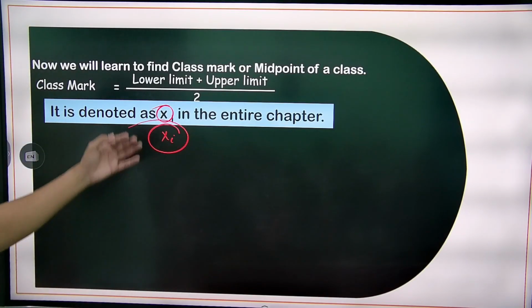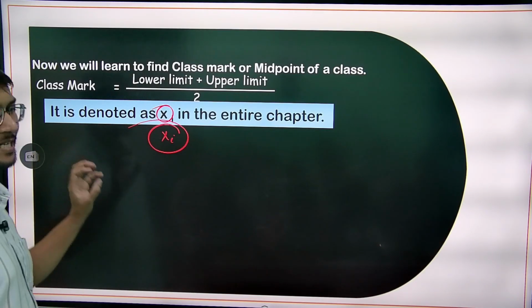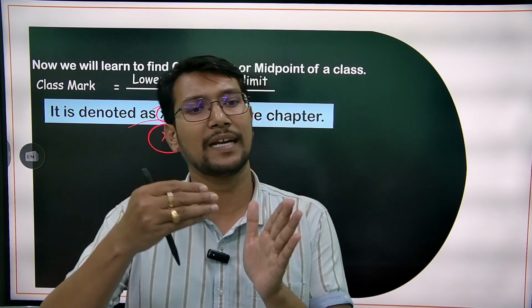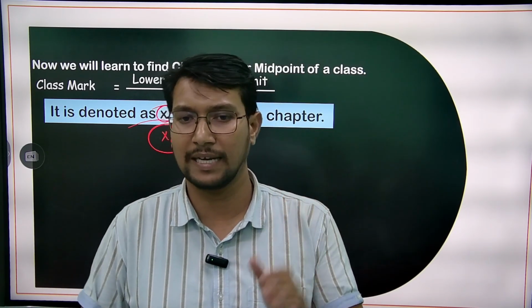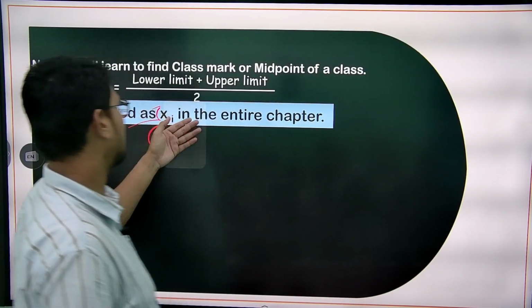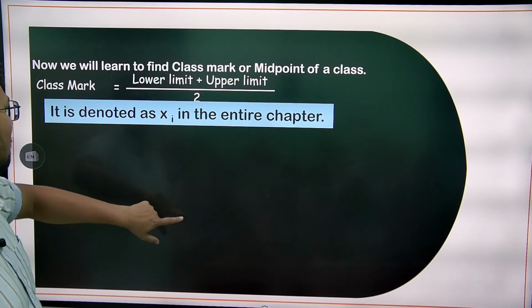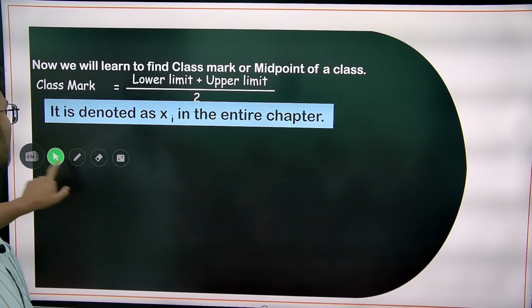Throughout this chapter, xi means class mark. For the first class we will take x1, for the second class x2, x3, x4 like this, so the value of i is 1 to n. Clear everyone?